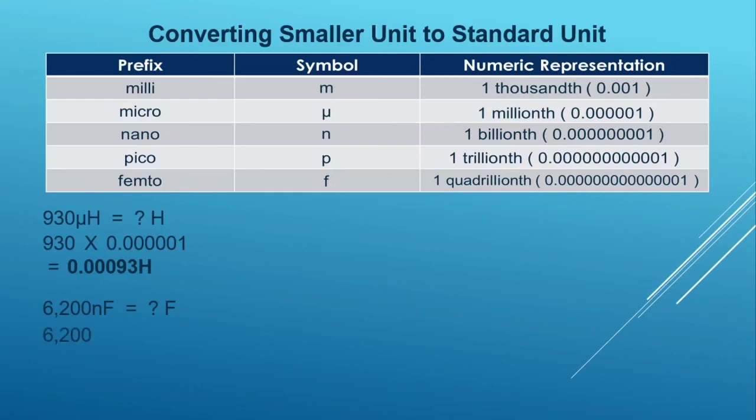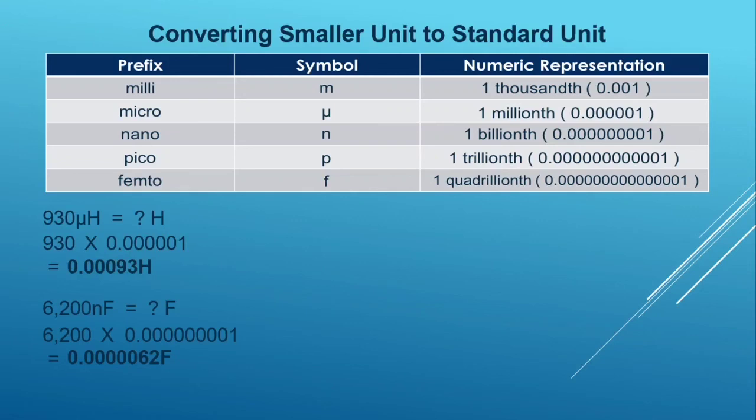Next example, we have 6,200 nanofarads and you're going to convert it into farads. So 6,200, you're going to multiply it by the numeric representation of nano, which is 1 billionth. And 6,200 multiplied by that, we have the answer of 0.0000062 farad.